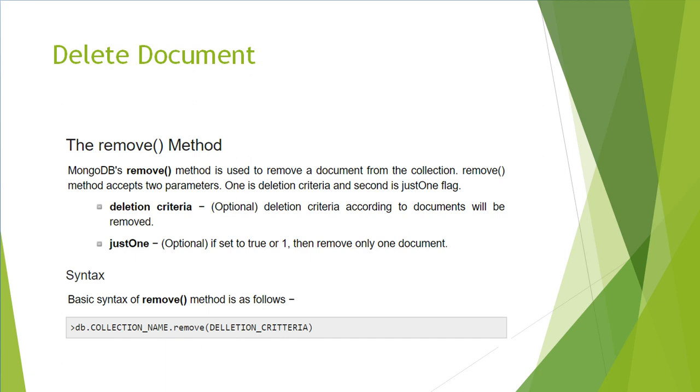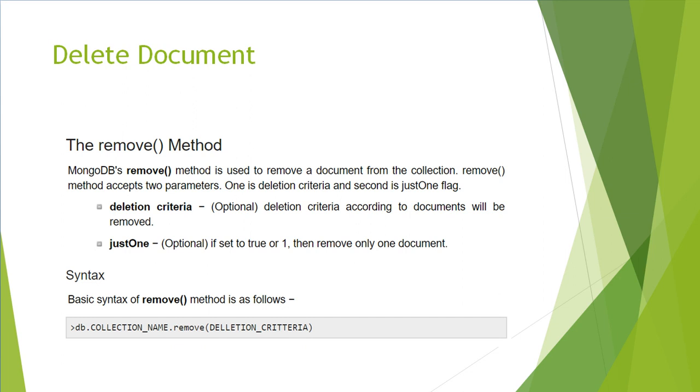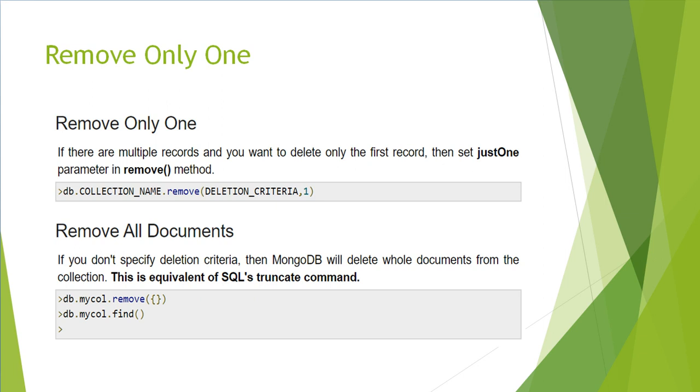The last segment of our discussion of delete document is remove only. So what does it do? When we talk about remove only, we use the remove method when, suppose, you want to remove just the first record and set just one parameter to be removed. So how does this work?